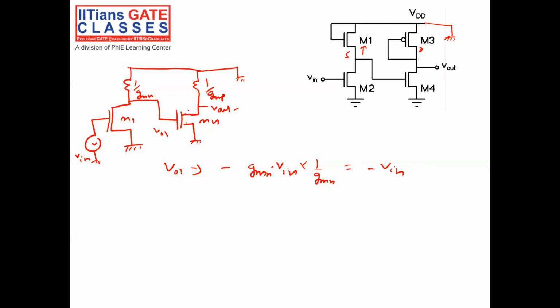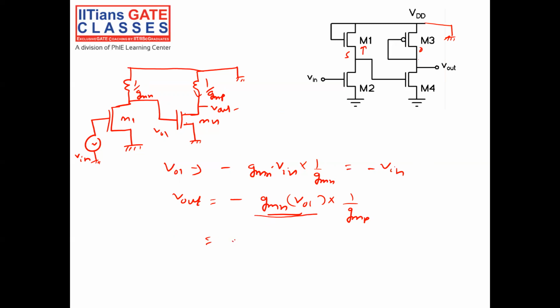Now for the transistor M4, what is Vout? When there is a change in VGS, the current will be GMN into VGS. Here VGS is nothing but V01. This current is passing through the resistance 1 by GMP, so it will give me a voltage, into 1 by GMP. So GMN into V01 is the current, into the resistance 1 by GMP.